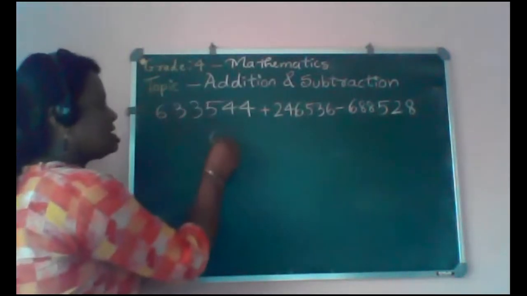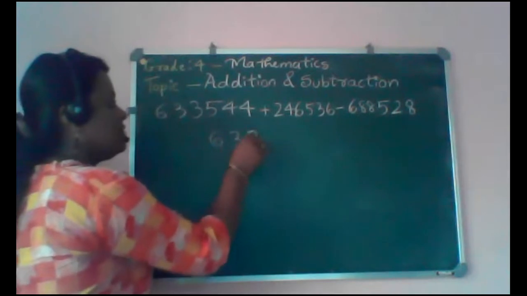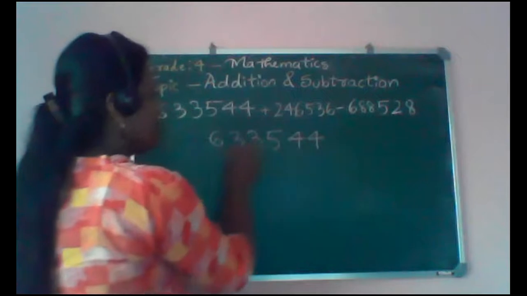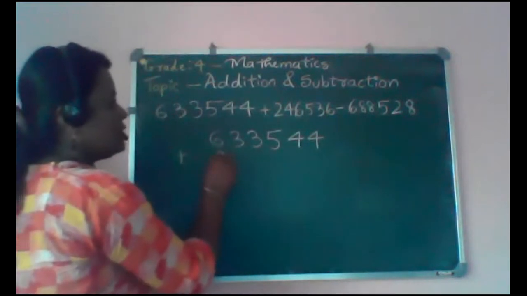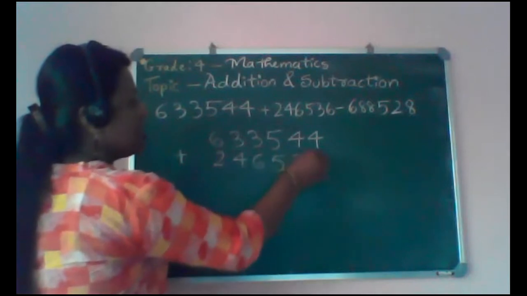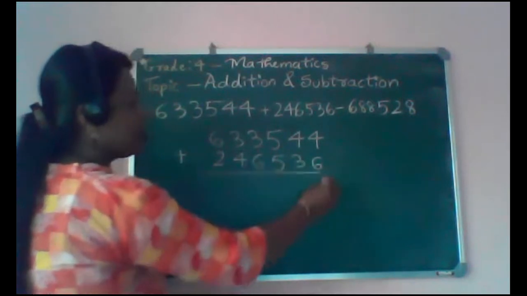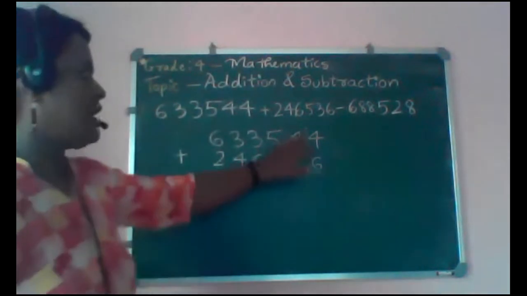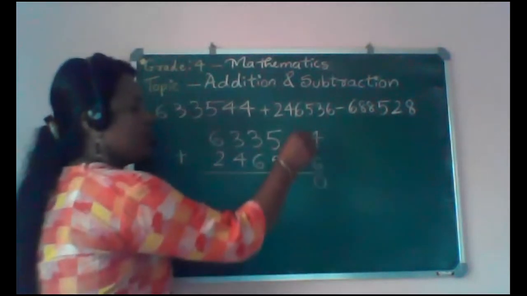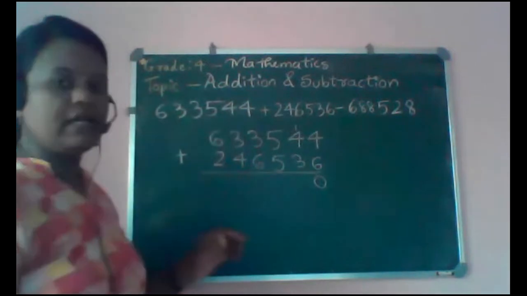So I shall add 6,33,544 with 2,46,536. We note the addition: 4 plus 6 is 10, so 1 is carried.